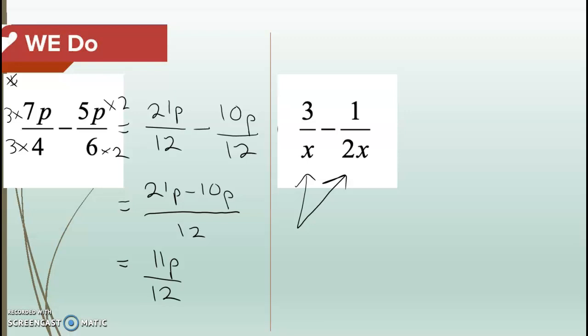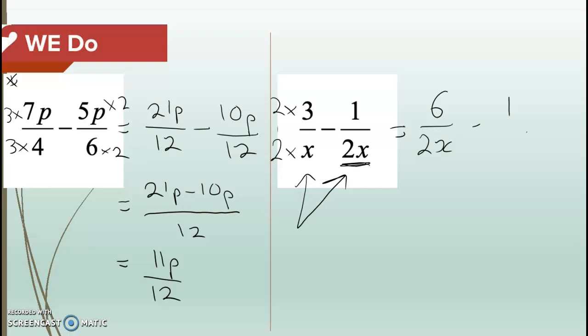Well, I could make both the bottoms 2x. So if this one's already 2x, if I just multiply x by 2, I get 2x. So if I do 2 times that on the top and the bottom, I will then be able to change that first fraction to have a denominator of 2x.